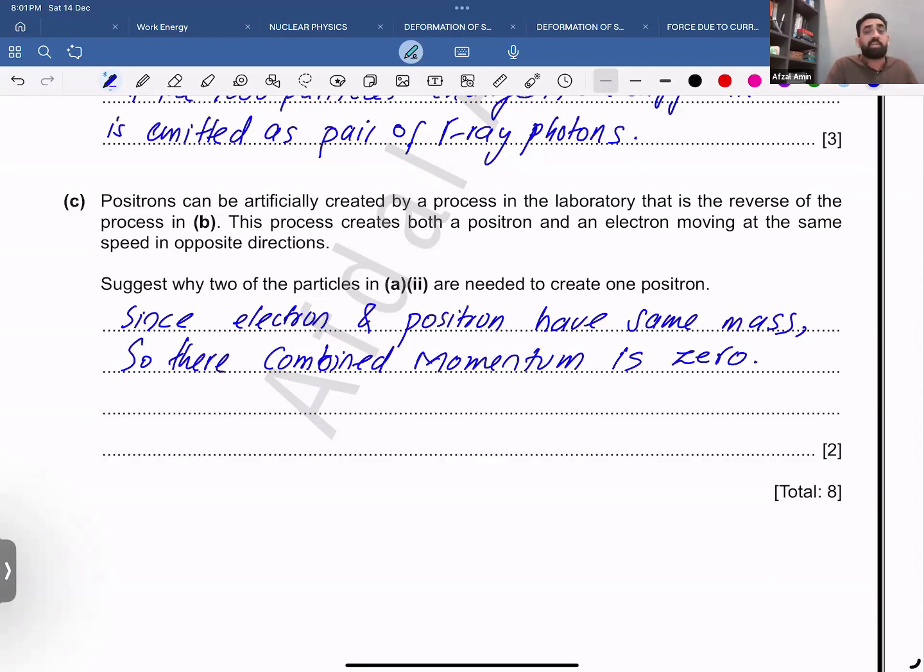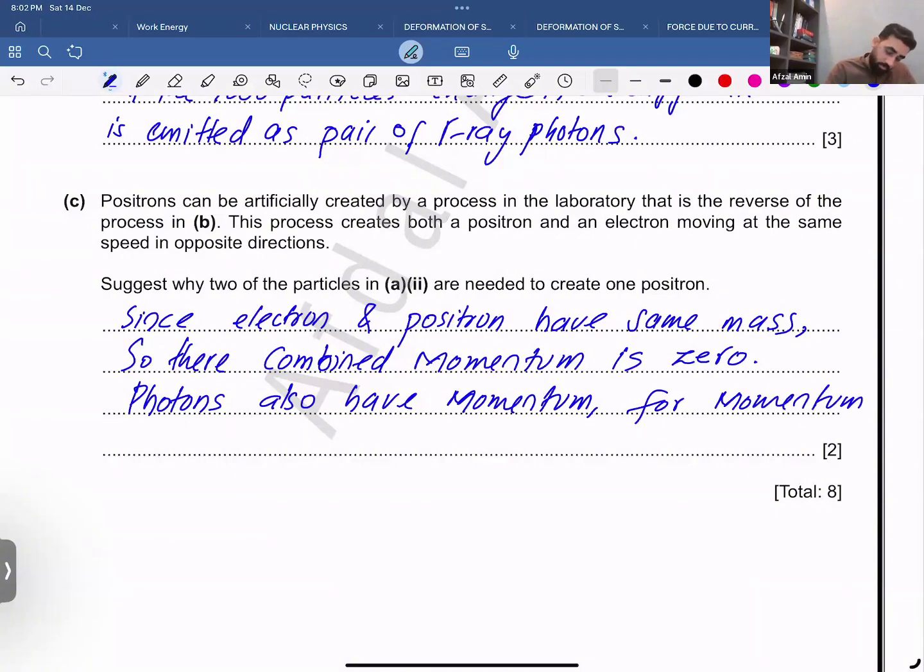Photons also have momentum. Last time I told you E is equal to pc, so p is the momentum. Photons also have momentum. For momentum to be zero, there must be two photons in opposite directions.